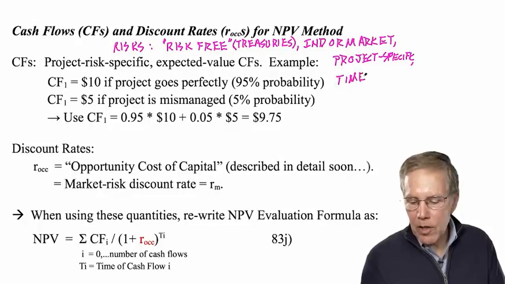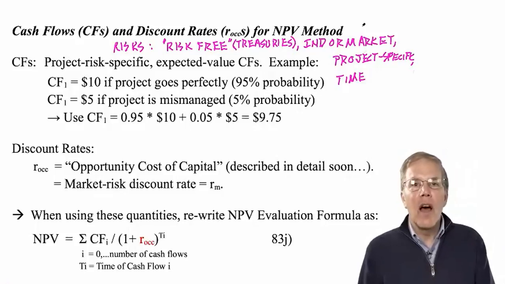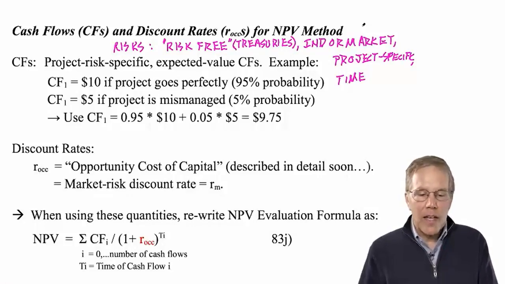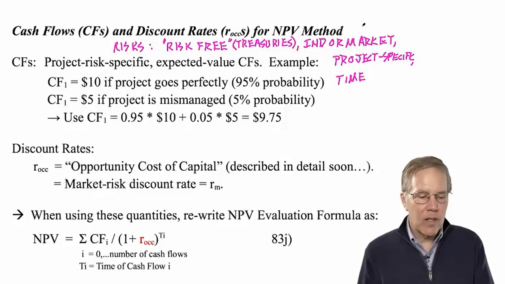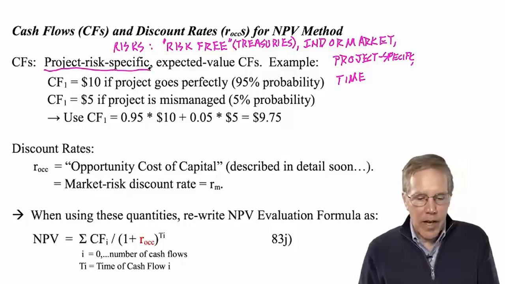The longer any project goes on, the riskier it gets, because the harder it is to understand what's going to be happening with any precision the further we go out into the future time-wise. So we want to consider all 4 of these risks, and in general with the NPV method, most people work things out this way. They include the project-specific risks in the cash flows.